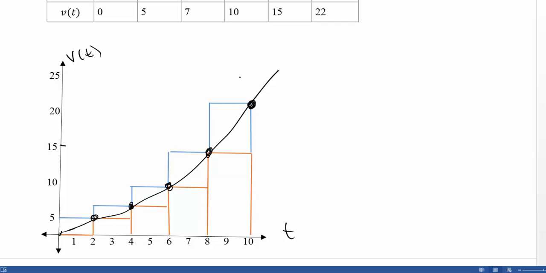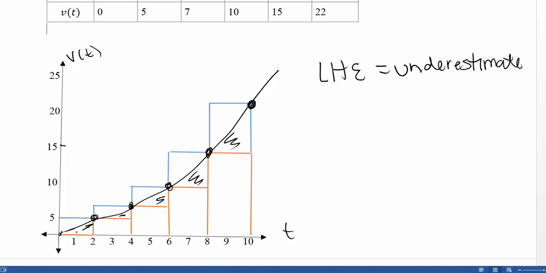So what I want you to notice here is that my orange rectangles, if we're approximating the area under the curve, the left-hand estimate is an underestimate, because it doesn't quite capture all of the areas. It's missing all of these areas under the curve if we were trying to get the exact estimate. The right-hand estimate in this scenario is an overestimate because look at all the extra area above the curve over what the actual area is.